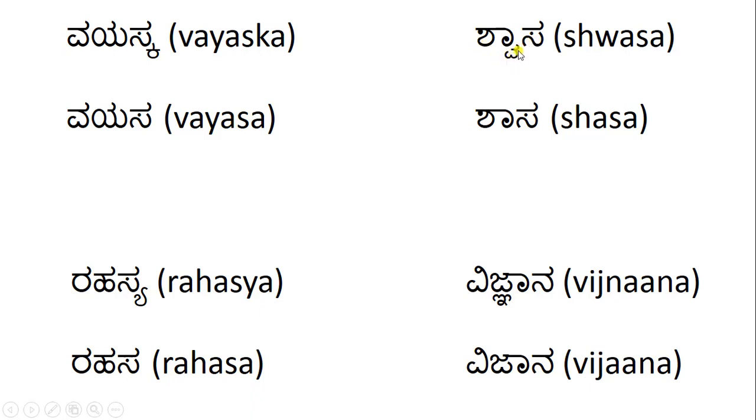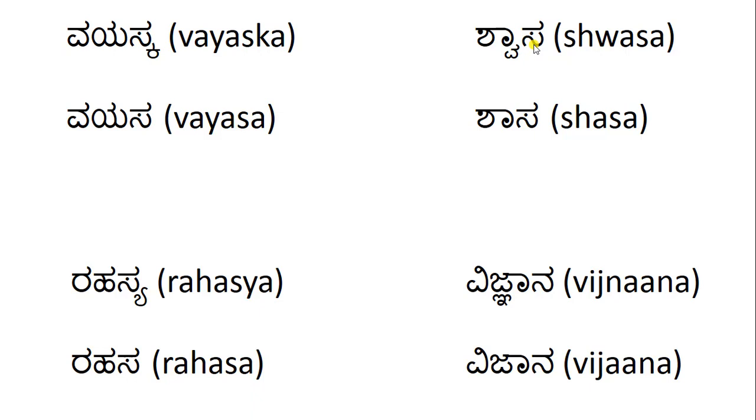We would pronounce it va, but we would write it sha. We would pronounce this as the root consonant itself, sh, and not as sha. This a is added to this. Shwasa. I hope you understood. I'm not going to confuse you by pronouncing again and again.